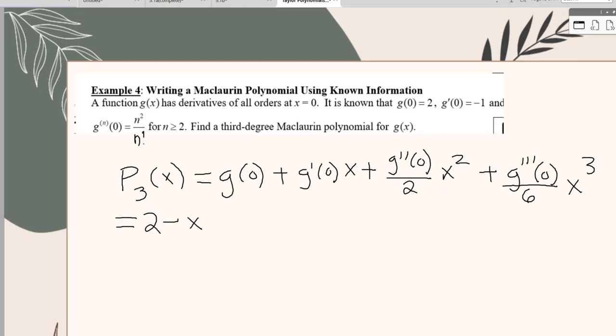If I'm looking at g double prime, what's my n? 2. We don't normally write it that way, we write double prime, but I'm going to write it that way just so that it matches. Which means, what am I plugging in for n? 2. So I have 2 squared divided by 2 factorial. Yes?